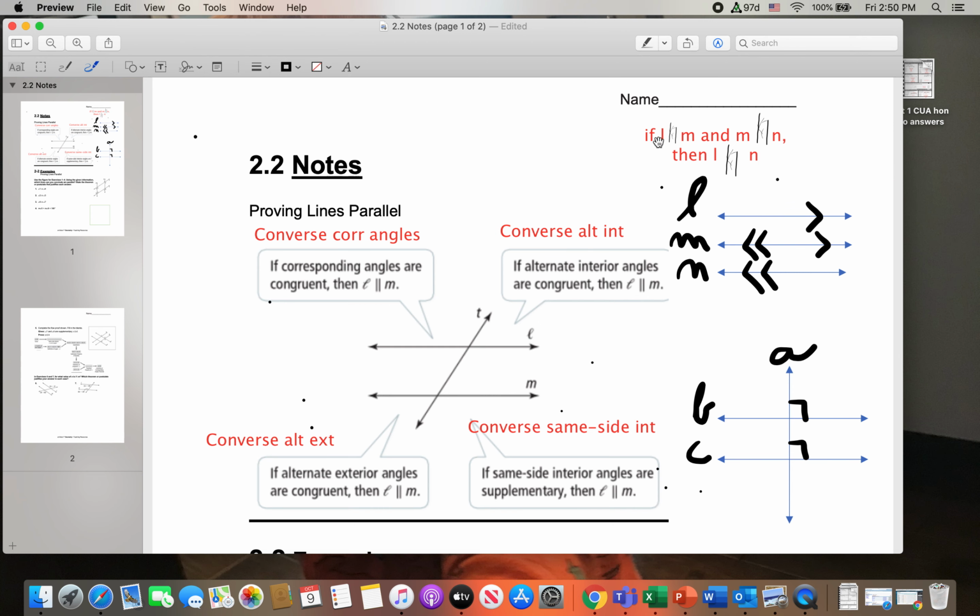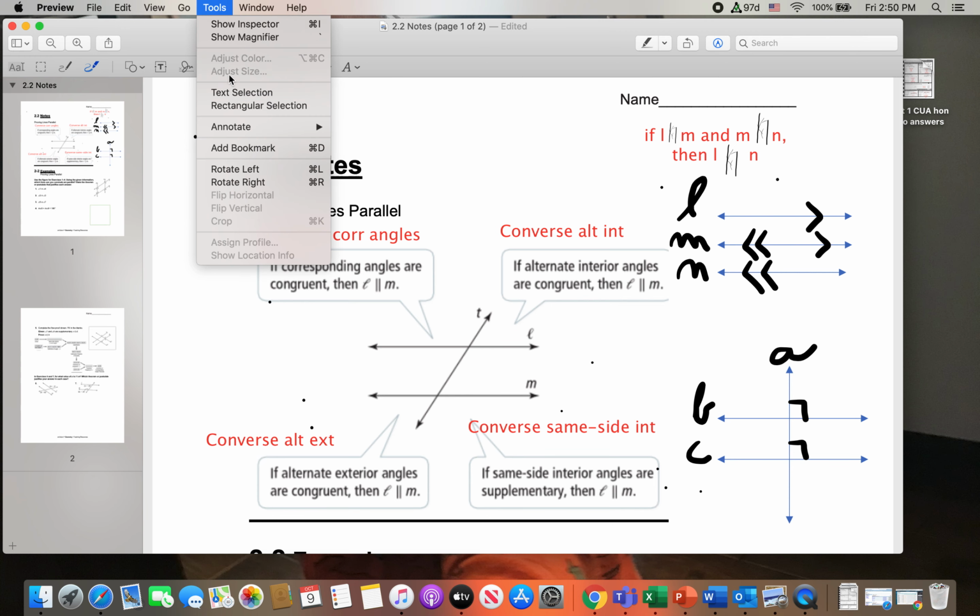Okay, if L is parallel to M and M is parallel to N, then L is parallel to N. Now, if A is perpendicular to B and A is perpendicular to C. So I'll start it.